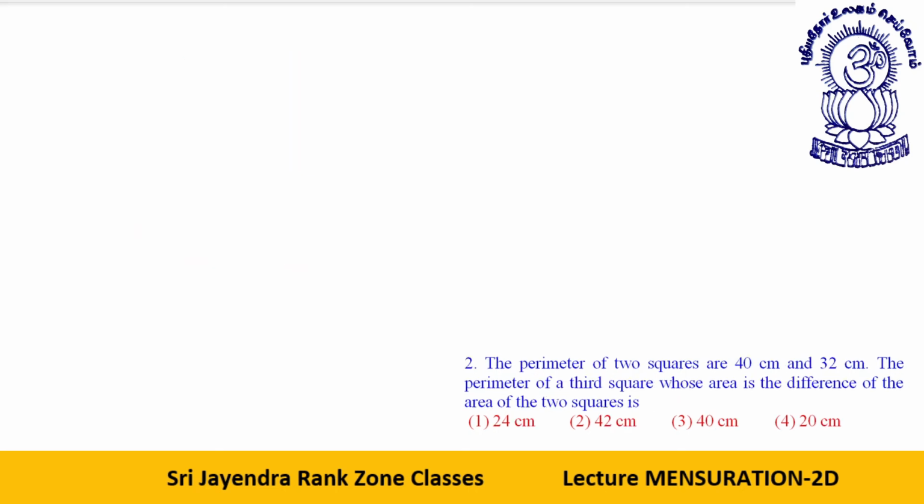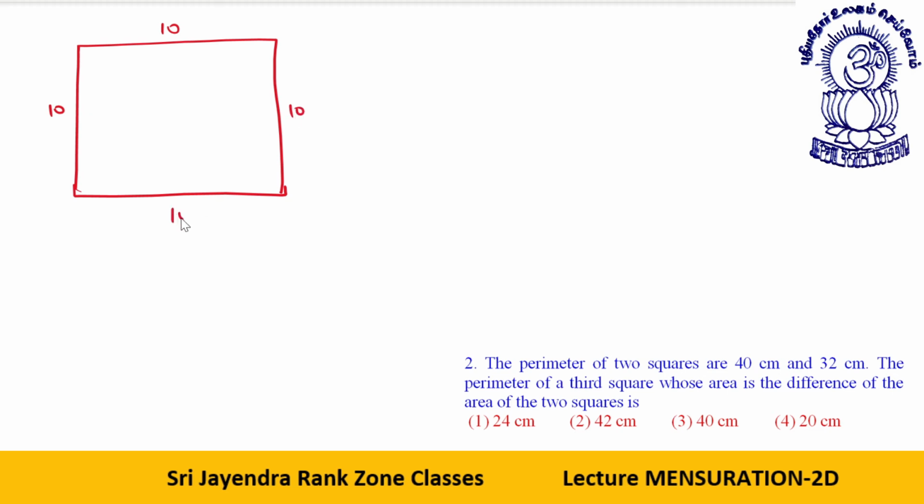Next one. This question is a little bit similar to the previous one. The perimeters of two squares are 40 and 32. This is one square. Its perimeter is 40. That is 4a is equal to 40, so a is equal to 10.